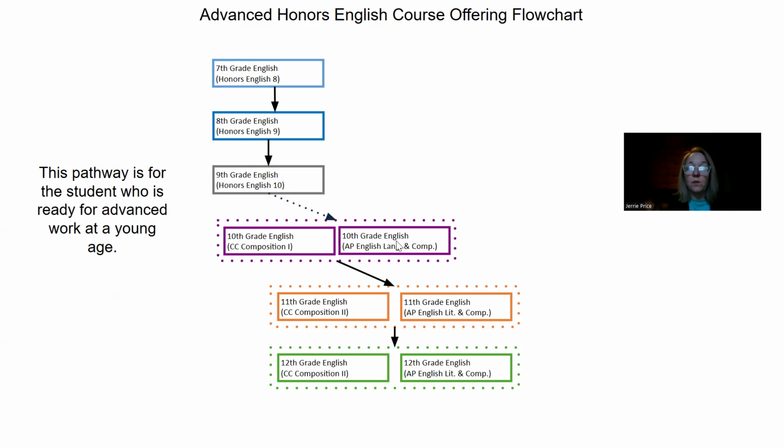If they score below a 3, then we would want them to be in Comp 1 and then take Comp 2. Though this will become more clear as time goes on and students advance through the courses, their English teachers will help walk them through. So a 10th grade student will probably already understand that, but a 7th grade student going into the 8th grade, I think the main thing to comprehend is just which is the next course in your sequence for the goals that you have.